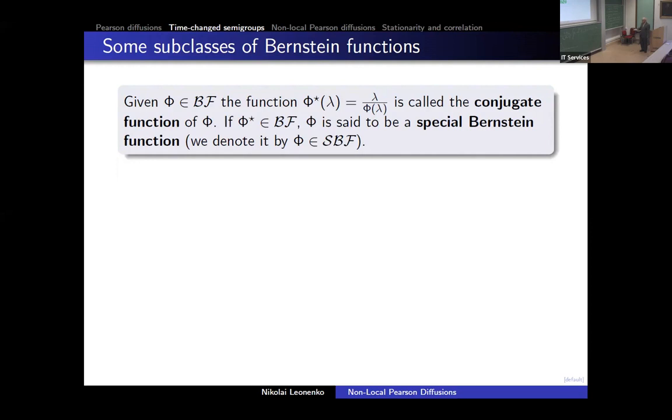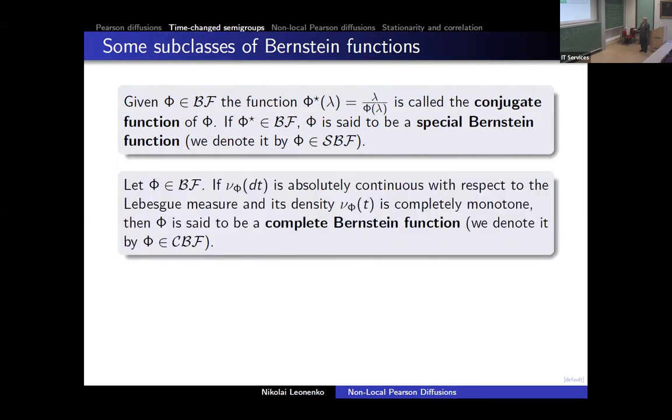And again, this definition of complete Bernstein function, I think in this audience it's known. The importance is that we have here some Lévy measure, and there is a relation between these 2 classes, Bernstein functions, complete Bernstein functions, and so on.